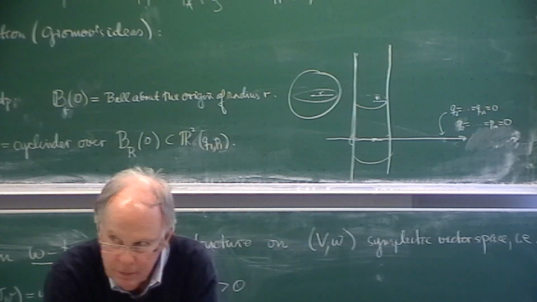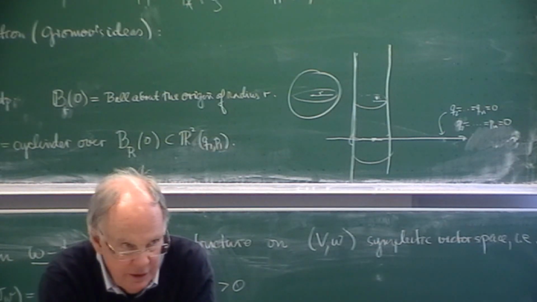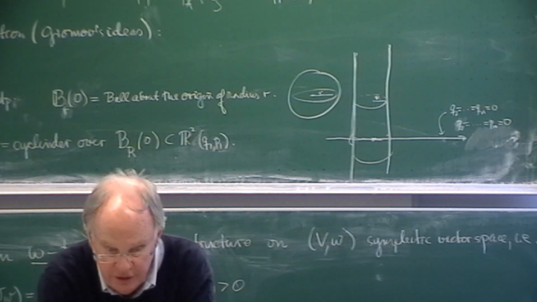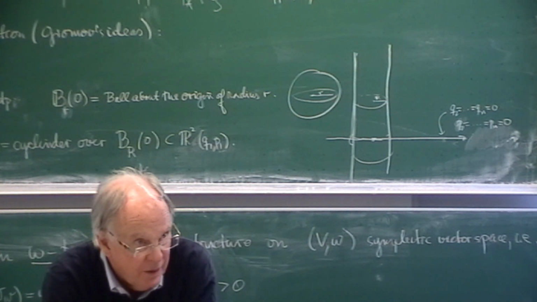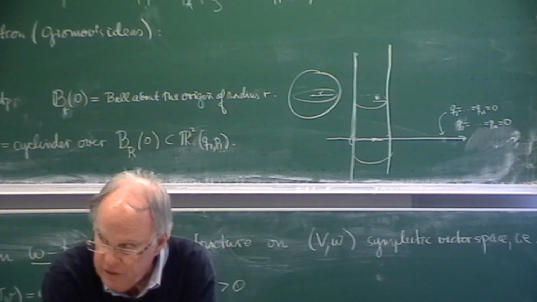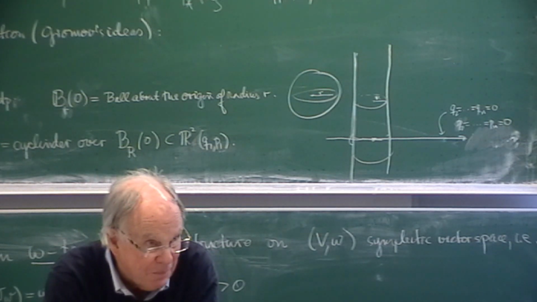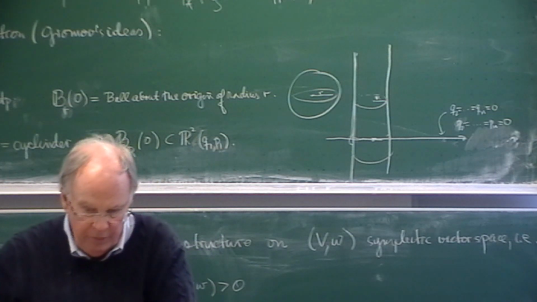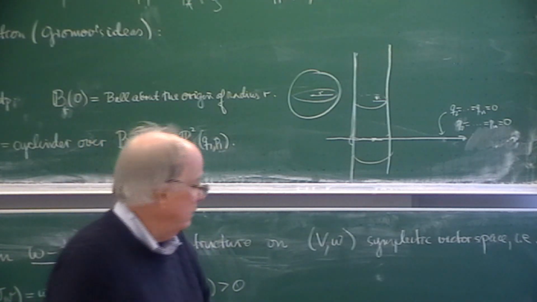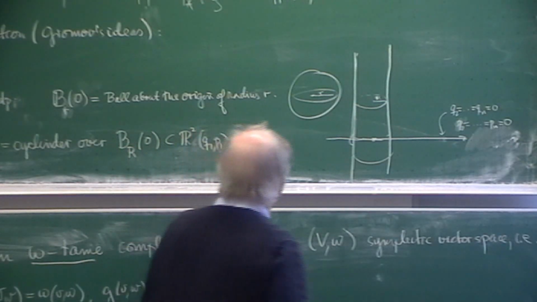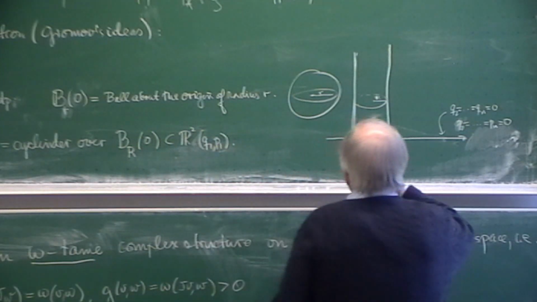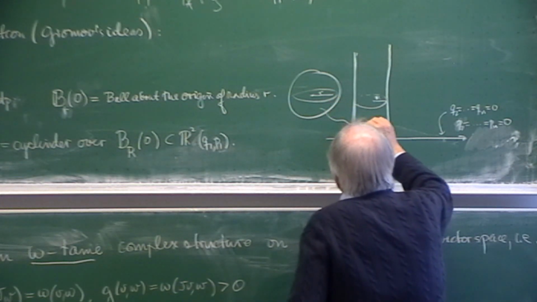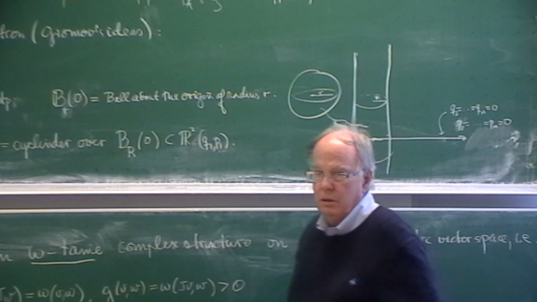And now, Gromov is interested also in geodesic flow. He's interested in Hamiltonian flows. So he's interested in whether it is possible to take this ball of radius R and flow it, by the flow, into the cylinder.